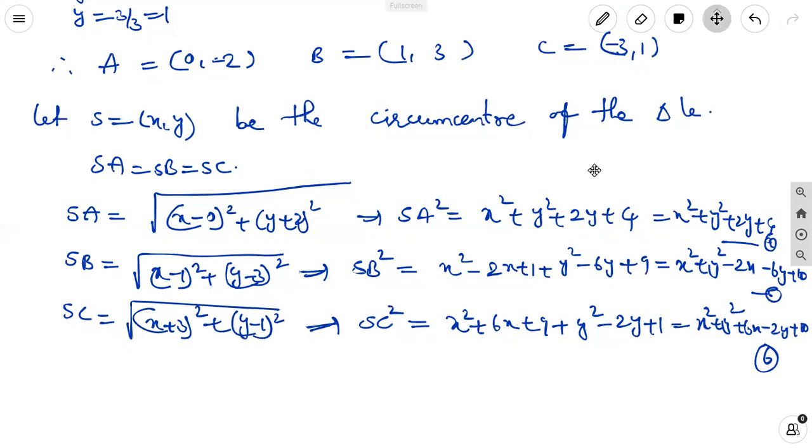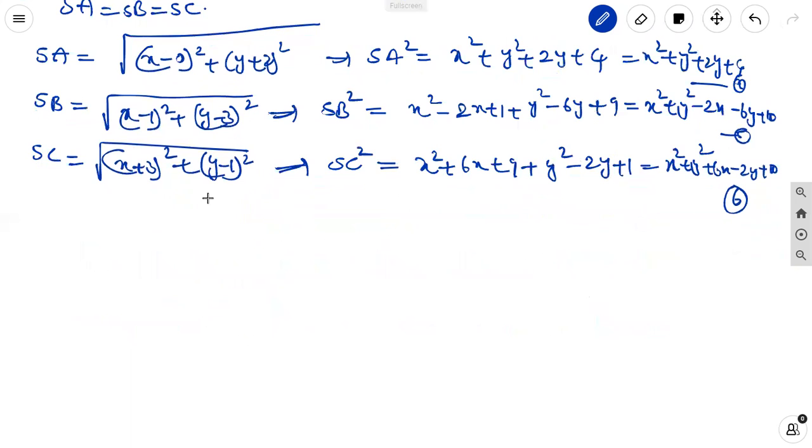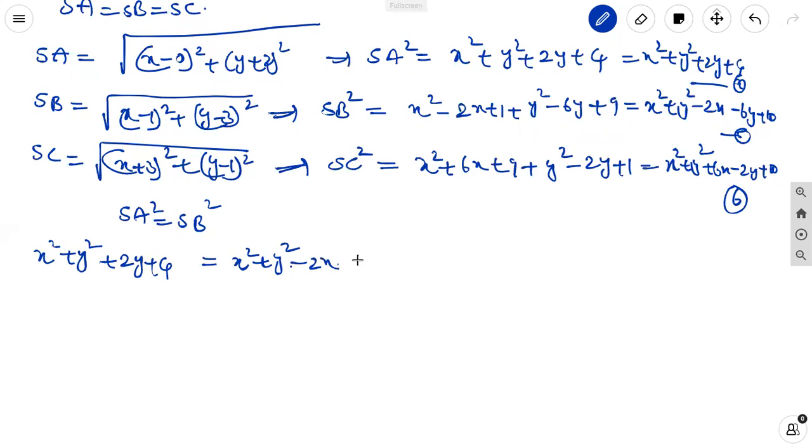Now we are taking the relation of circumcenter, that is SA square equal to SB square. X square plus y square plus 2y plus 4 equal to x square plus y square minus 2x minus 6y plus 10. Here x square, y square get cancelled.